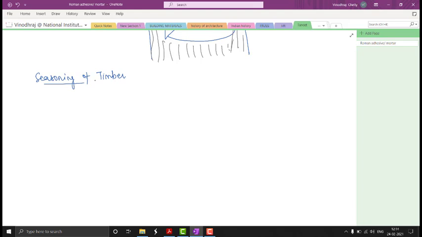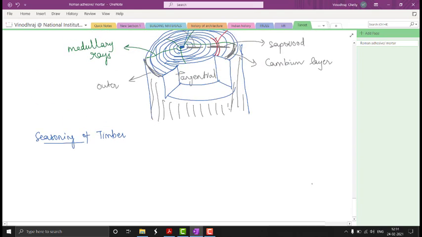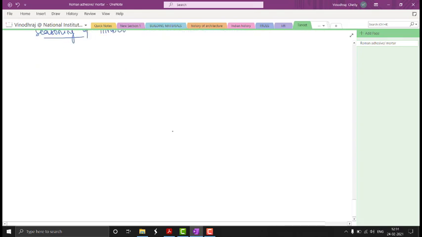Once you cut a tree, you cannot use that wood directly for building purposes. It contains lots of moisture, which means the wood is literally weak at that time. So it undergoes a process of seasoning where the moisture content from the tree is removed.